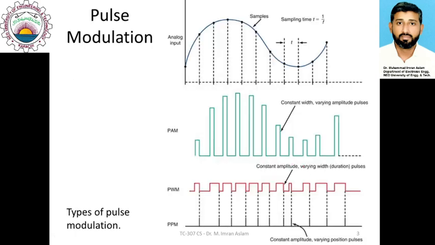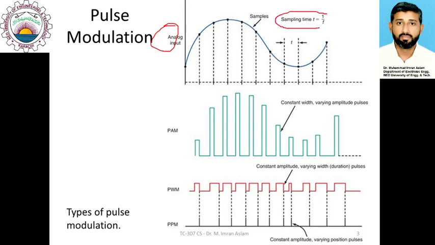So let me graphically illustrate these three types of modulation schemes for pulse modulation. Let us take an analog input which is represented by this waveform here. Of course, before representing the analog signal in the form of pulses, we need to sample and quantize the signal.